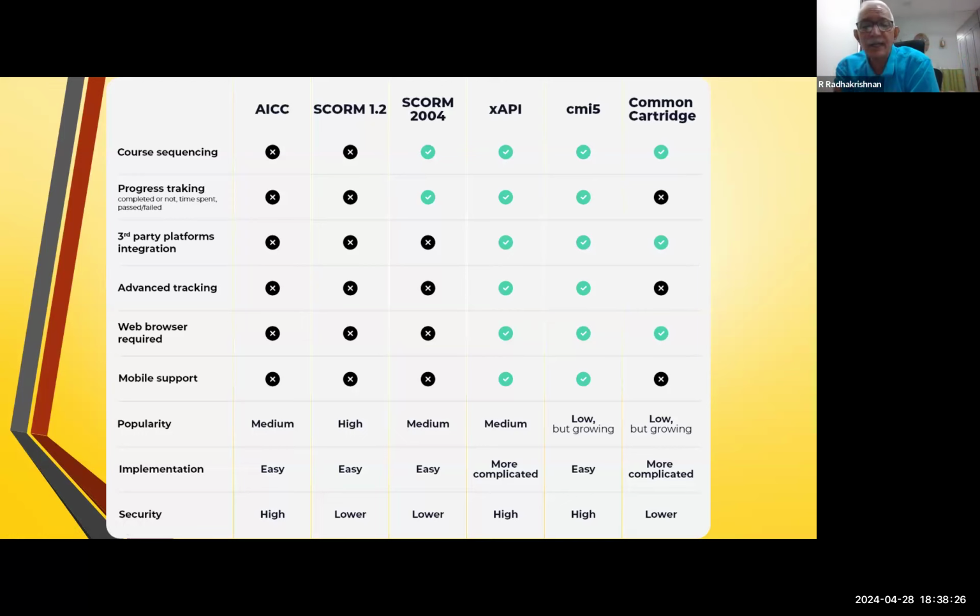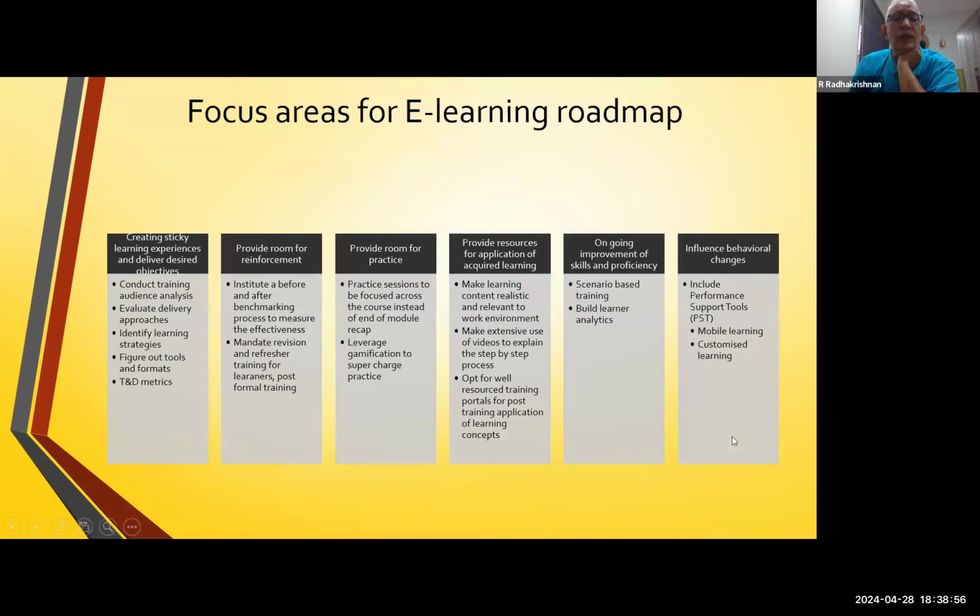But in terms of implementation, xAPI is more complicated, whereas cmi5 is easier to implement. And here is a comparison. When you have to write a paper comparing the various e-learning standards, you can pick up some points from these two charts. I just thought I would put these charts here for you all. You can go through them and compare these five different standards.